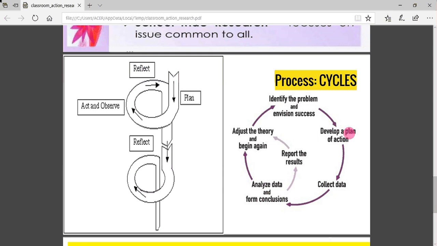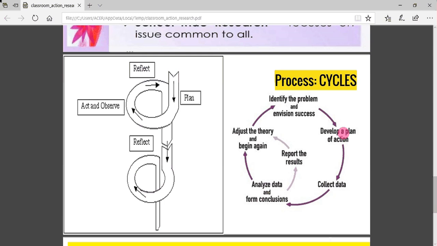Afterward you can develop a plan of action. You can go to the classroom, employ your strategy, and take action to start your solution.